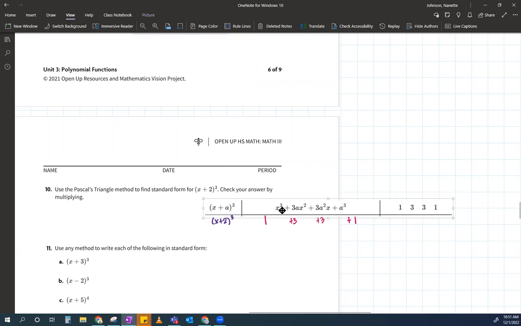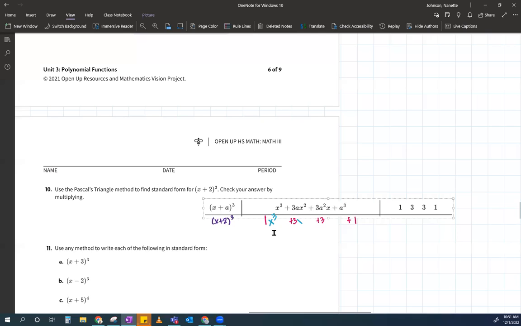Okay. So the next thing I'm going to do is my x's, and I'm going to start with the highest power. The highest power is a third because that's what I'm taking it to the power of. So I'm going to go x cubed. Then x squared. Then x, and you can write a 1 right here just so that you see how it's all playing out.